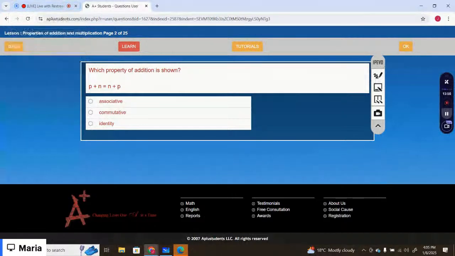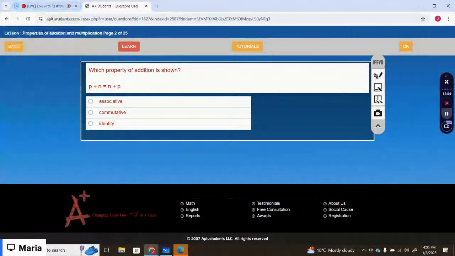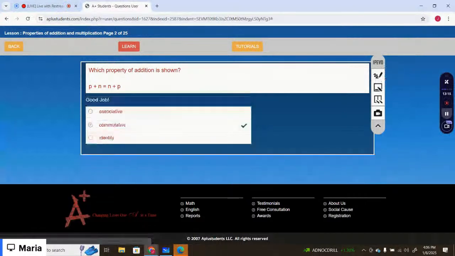Which property of addition is shown: p plus n equals n plus p? So which is the correct option? That is the commutative property. Option number 2 is the correct option.